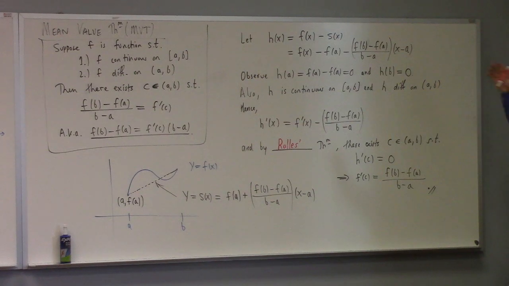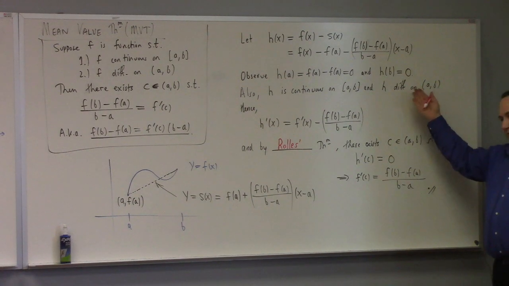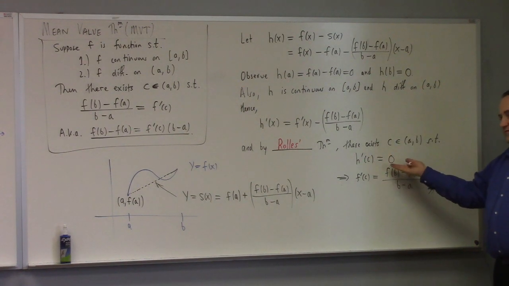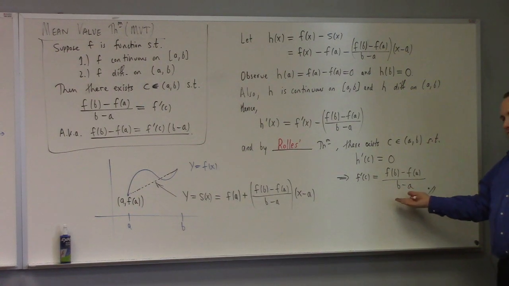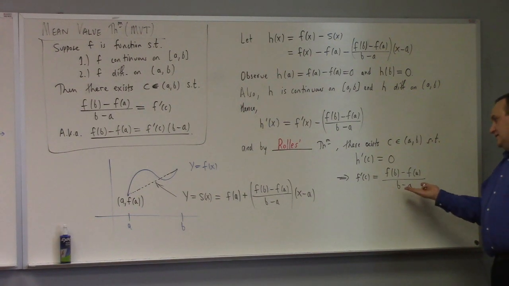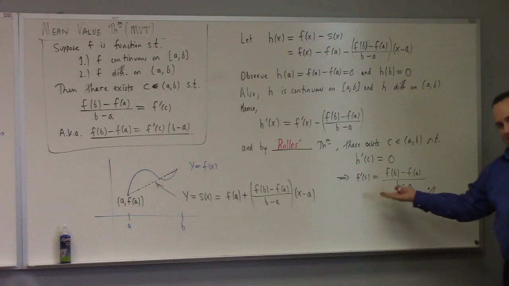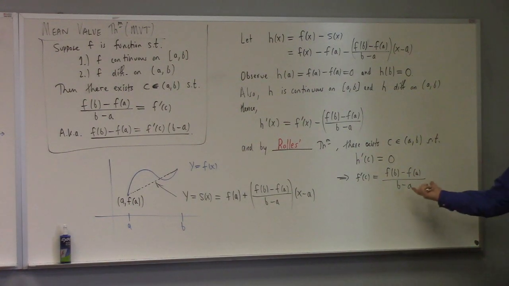And because they're equal to 0, both. It's continuous, it's differentiable, therefore there exists a point which gives us derivative 0 for the difference of the function and the secant line, which is tantamount to saying that there exists a C such that the instantaneous rate of change for the function is equal to the average rate of change for the function, which is the mean value theorem.